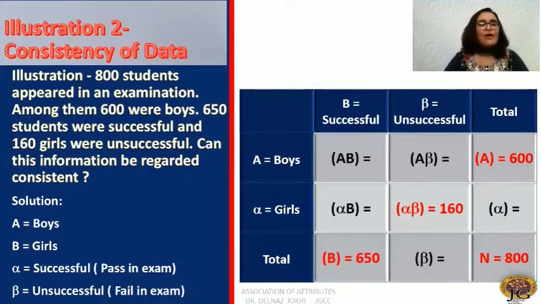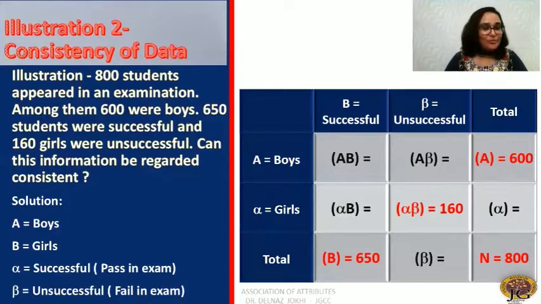So what we did was, we assumed A as students and that also boys, right? How many boys are given to you in your sum? 600. Total students kitne the? N 800. Please look at the screen. N was 800. What have we assumed? If A is equal to boys, then alpha is equal to girls.